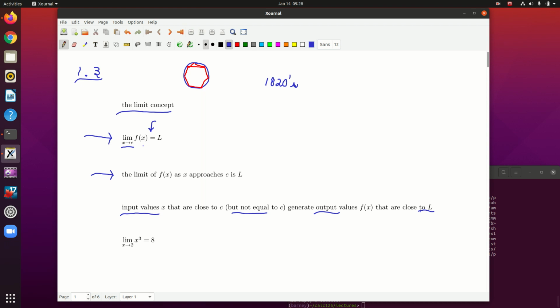Okay, so here's one of the problems that comes up with this. It's tempting to say, when you have this limit idea, that as x gets closer and closer to c, f of x gets closer and closer to L. And that's, again, a decent intuitive way, but it's actually not mathematically correct.